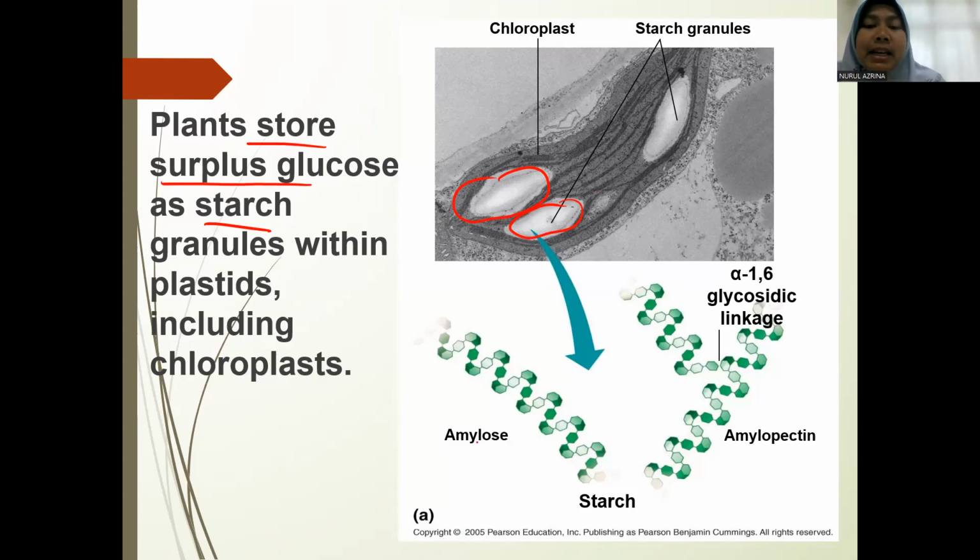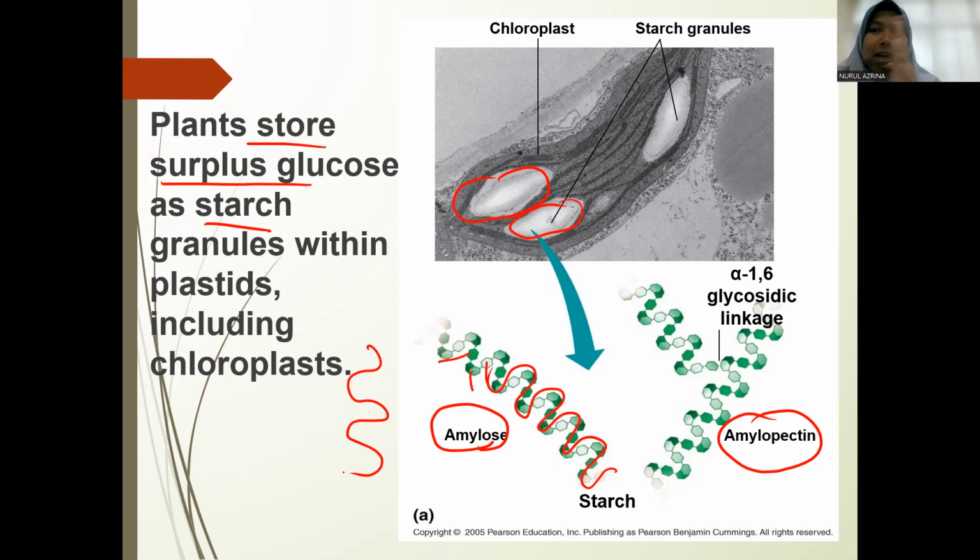You can see here, ini bentuk amylose. Ini bentuk amylopectin. Nampak tak kat sini? This is one glucose, this is another glucose, this is another glucose, and so on. All the glucose are joined together and form a shape like a helix. Bentuk dia macam helix, macam berlengkar-lengkar macam tu. Ataupun macam ni.